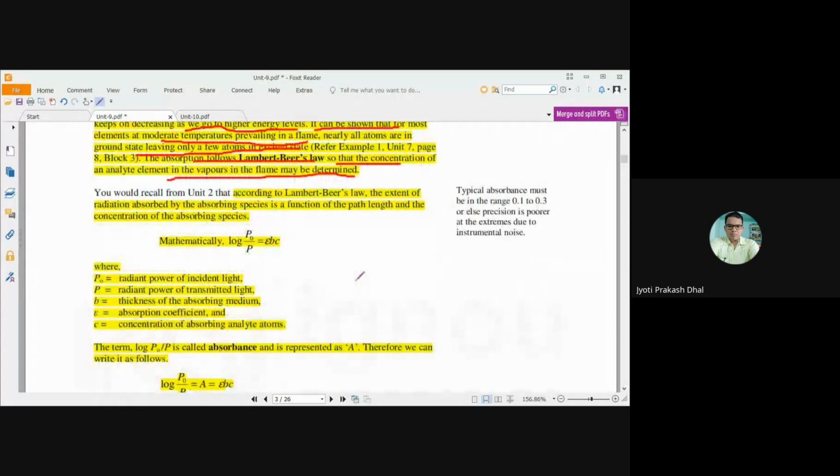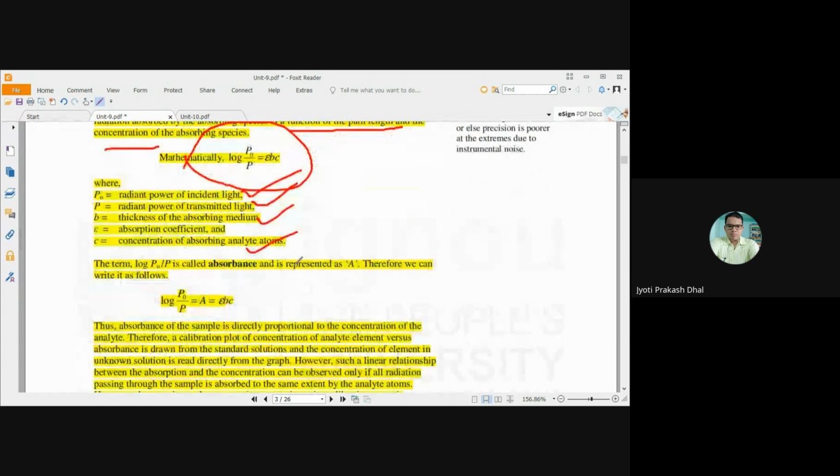Now, according to Lambert's law, the extent of radiation absorbed by the absorbing species, that means how much radiation will be absorbed by how many absorbing species, is a function of the path length and the concentration of the absorbing medium. Mathematically, Lambert's law can be expressed as log P0 by P equals epsilon bc, where P0 is the intensity of the incident light, that is the radiant power of the incident light, P the intensity of the transmitted light, b the thickness of the absorbing medium, epsilon the absorption coefficient, and c the concentration of the absorbing analyte atoms.